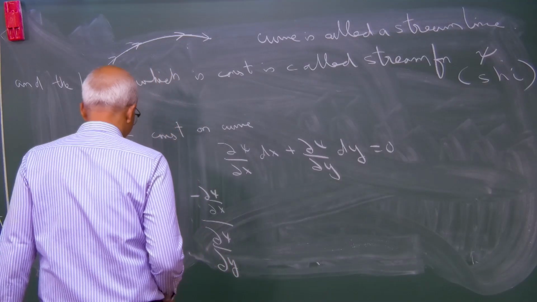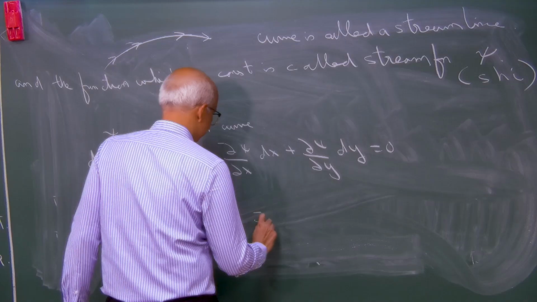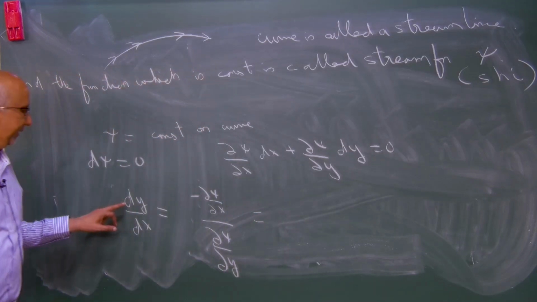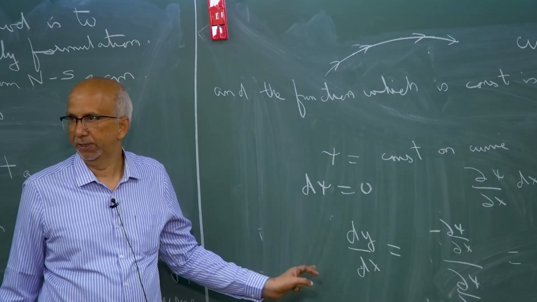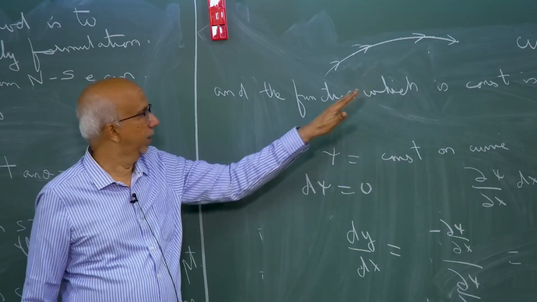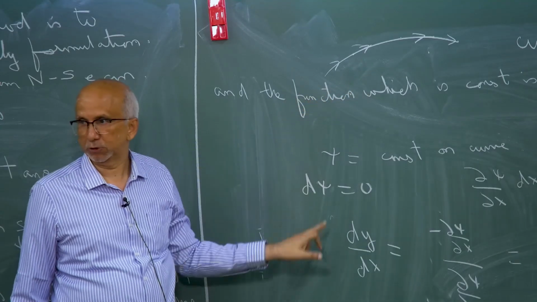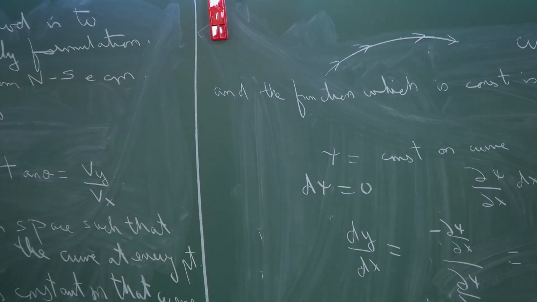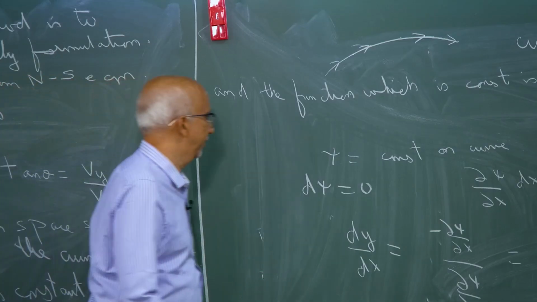And I am saying that the slope at every point is going to coincide with the velocity vector. So, the slope of the curve must be the same as the slope of the velocity vector. So, this must be equal to Vy by Vx.